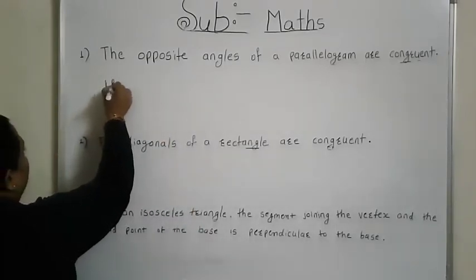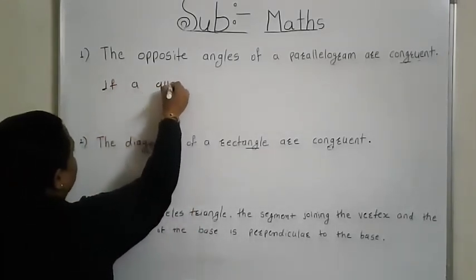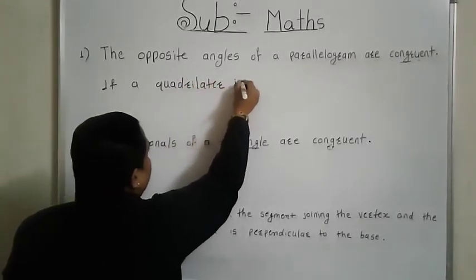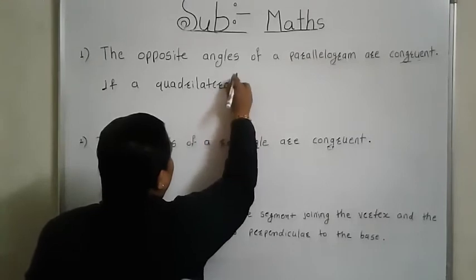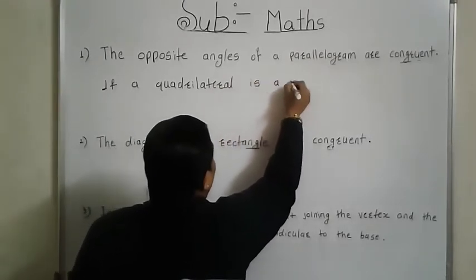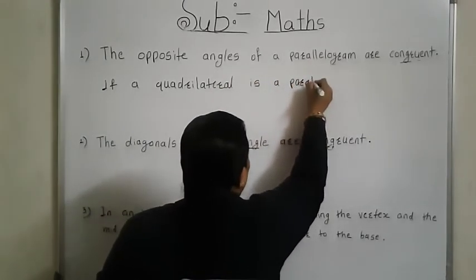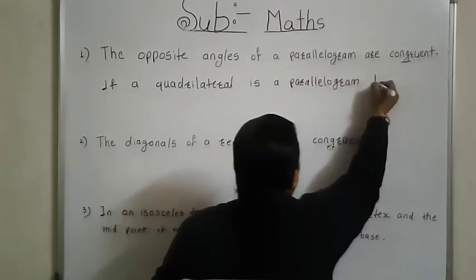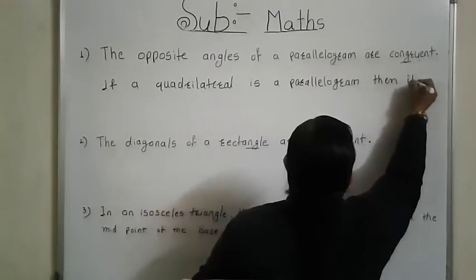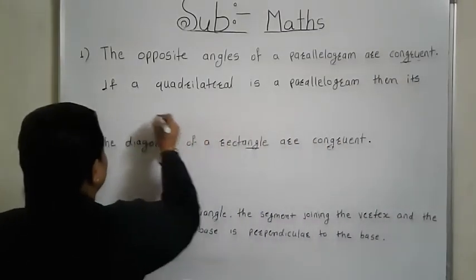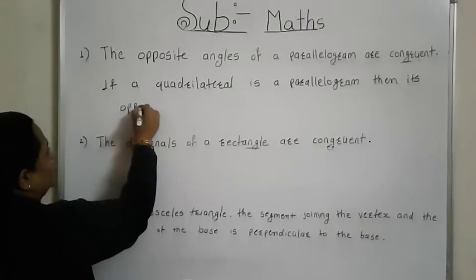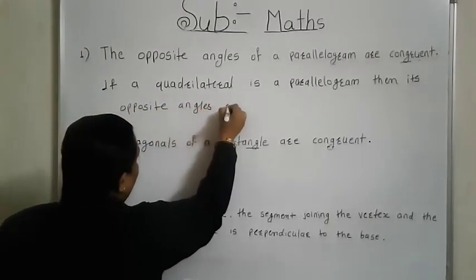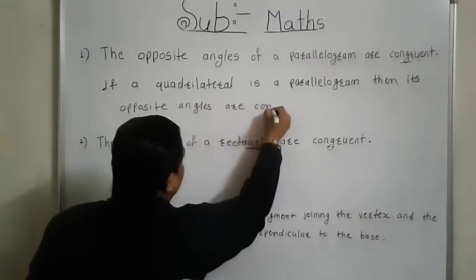Then if a quadrilateral is a parallelogram, then its opposite angles are congruent.